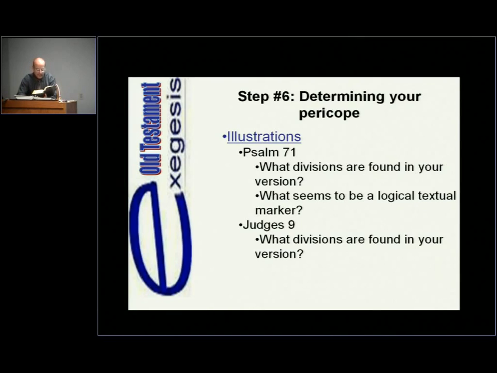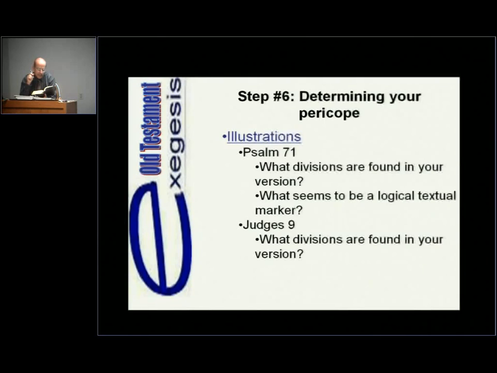Well, that's probably not introducing a new pericope. We're talking about what Abimelech is doing, the activities of Abimelech and the worthless fellows, and the things that Abimelech is doing. Not necessarily a division within the text itself.